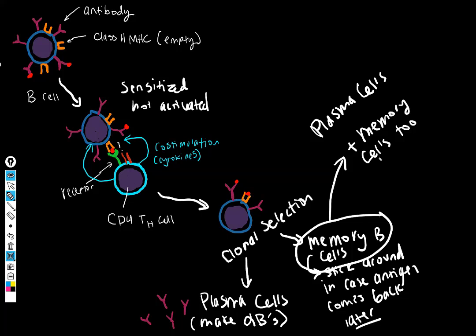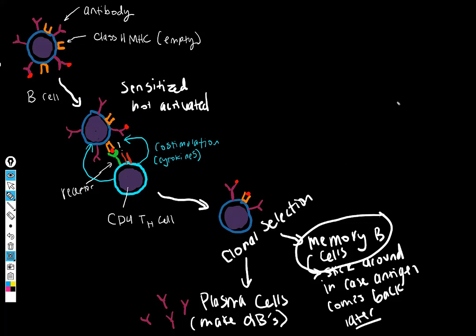So what this does, among other things, and I'm going to draw a little chart up here, is essentially allows the body to respond much more quickly the second time a pathogen is encountered. And the difference is significant. So I'm just going to make this arrow shorter.